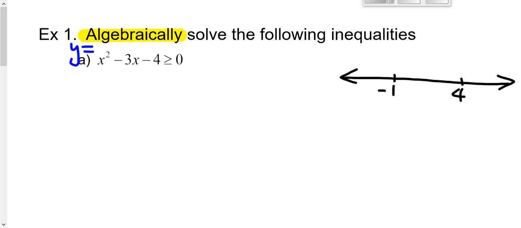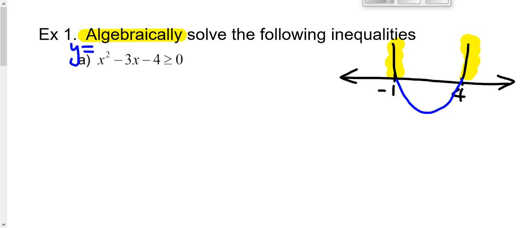I'm not going to do a complete accurate drawing, just give you a rough idea what the graph looks like. Something like that. And our answers are here, here. y is greater than or equal to 0. Okay, here and here, not here.